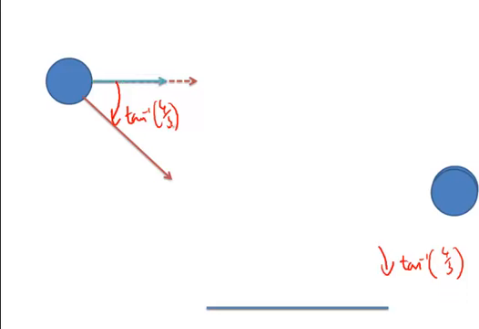Now that we have the velocity, we know that the magnitude of this velocity is 20 meters per second, and it is directed down like this. So we can break that down into our I and J component.